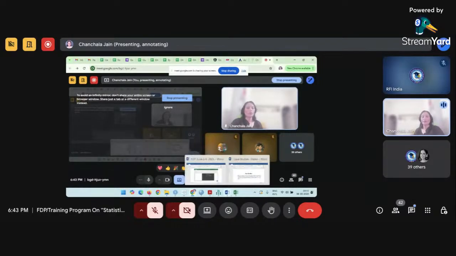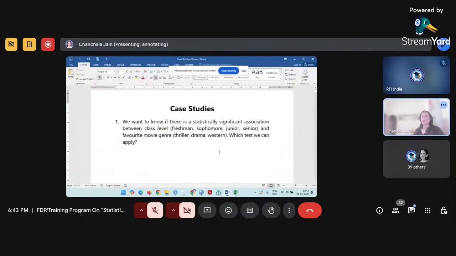Okay, fine. So I think I'm starting with the caselets. I'm expecting you to spare a few seconds on reading the caselet, try to understand, and then tell me which test will be applicable here. Anyone?